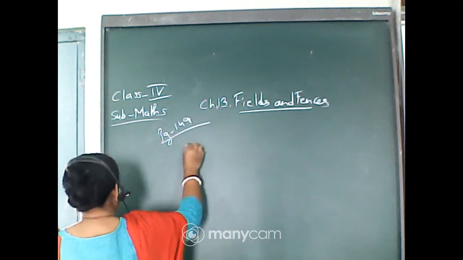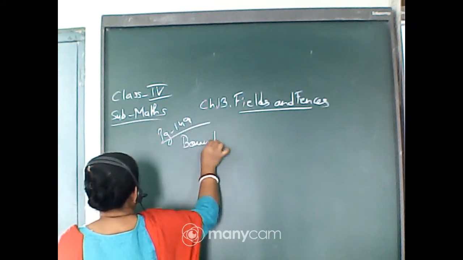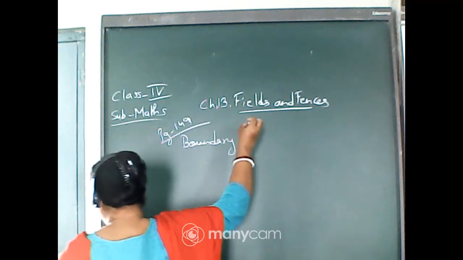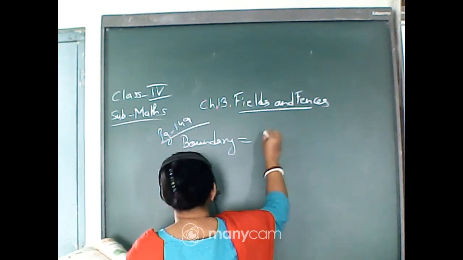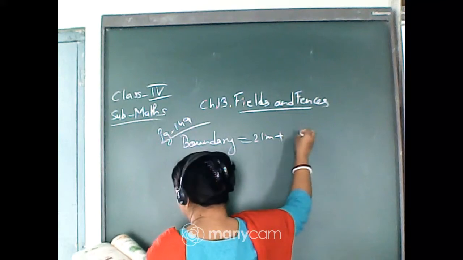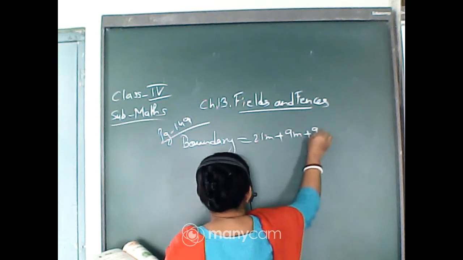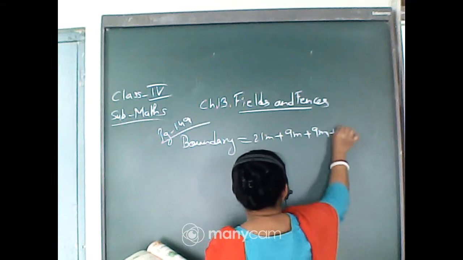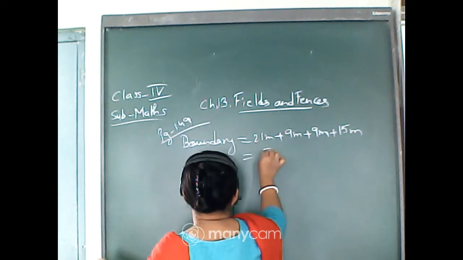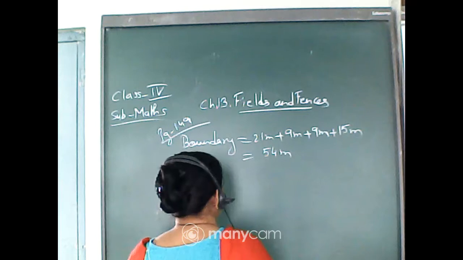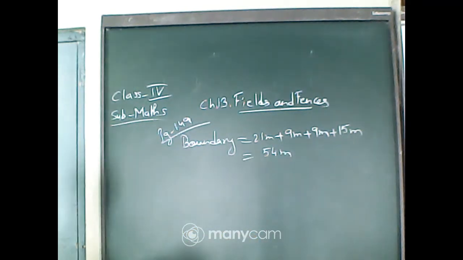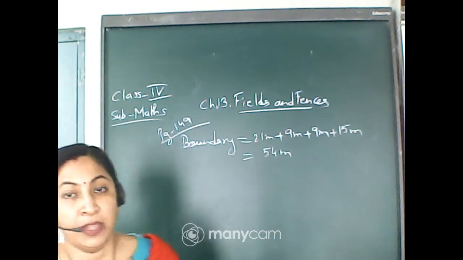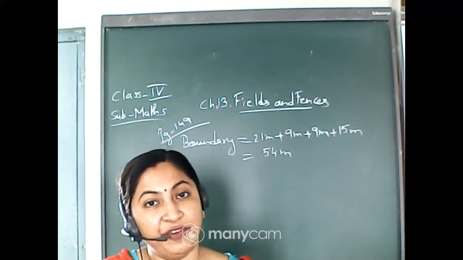You will add: boundary is equal to 21 meter plus 9 meter plus 9 meter plus 15 meter, which is equal to 54 meter. So when we add the boundary, we get 54 meter. That means the perimeter of Rahmat's field is 54 meter.